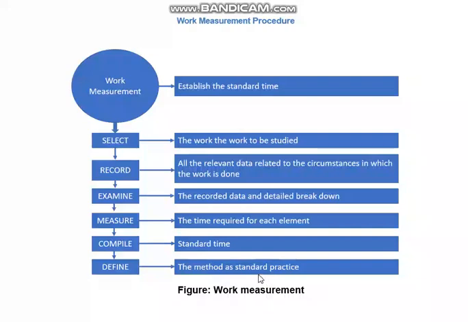You have to tell the workers, and ensure that these things become a standard practice. So these are the different steps. How many? Six steps: select, record, examine, measure, compile, and define. So this is the procedure.